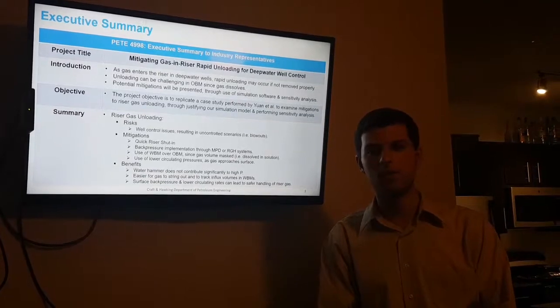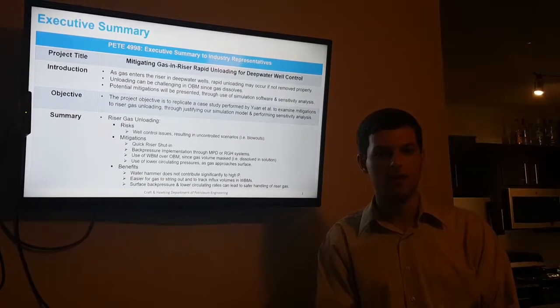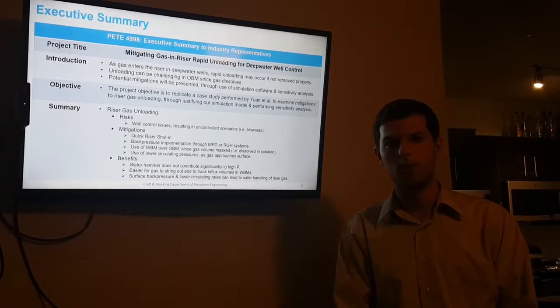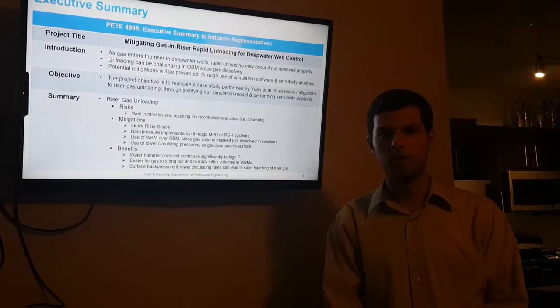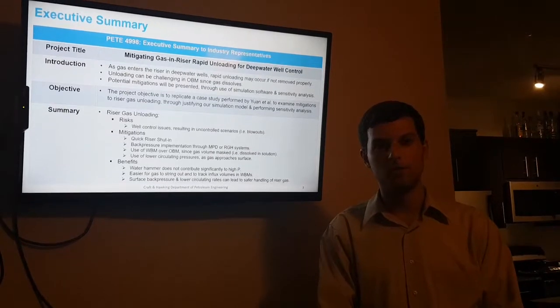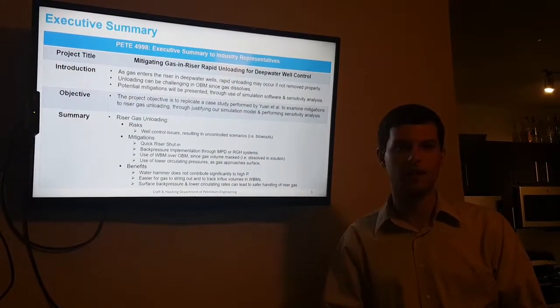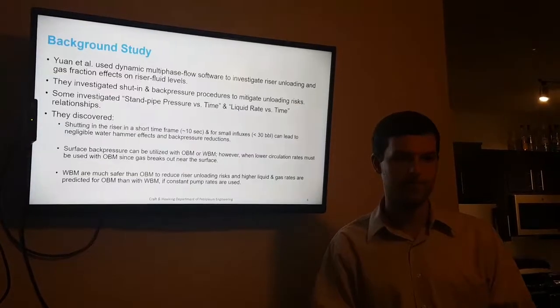And then the benefits of these mitigations are that the water hammer effect is almost negligible when you close the riser faster. In addition, using surface back pressure and lower rates can help handle the gas better as it approaches surface.